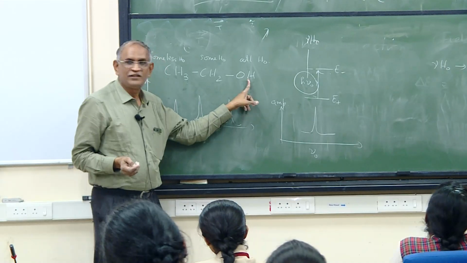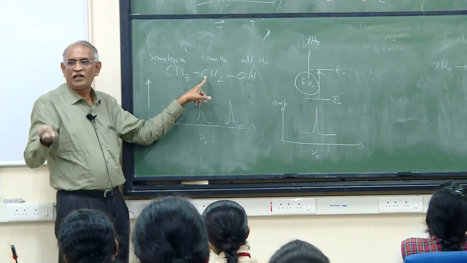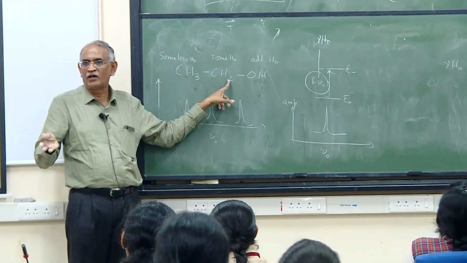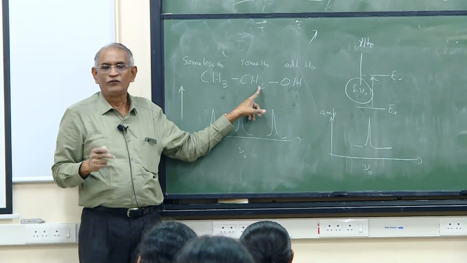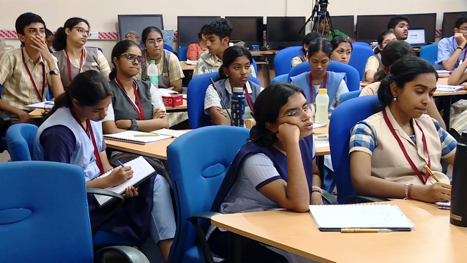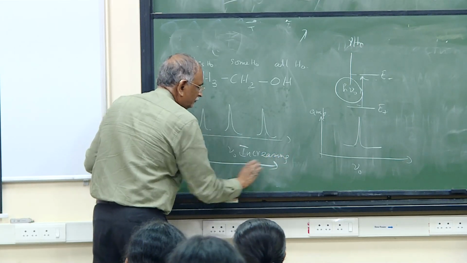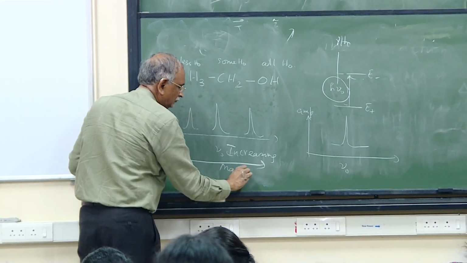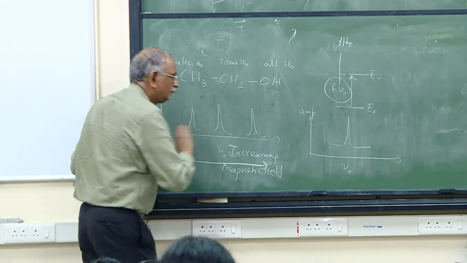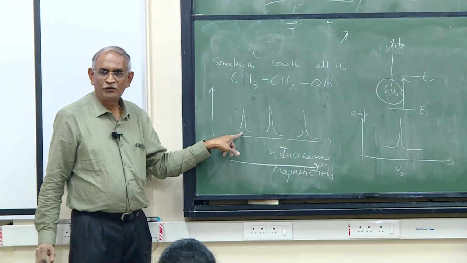At one magnetic field, this will be absorbed. At an increased magnetic field, eventually this energy gap will be matched by this proton, because you have increased the magnetic field. So this will absorb. Increasing magnetic field. And therefore, which proton is this one?